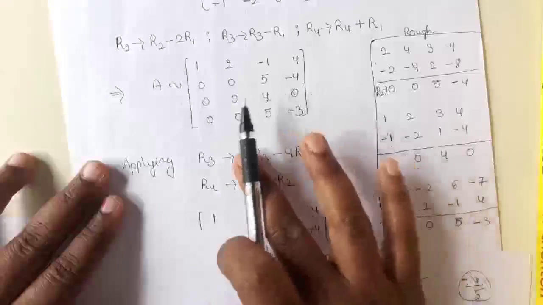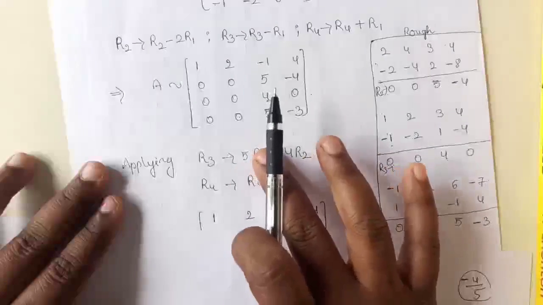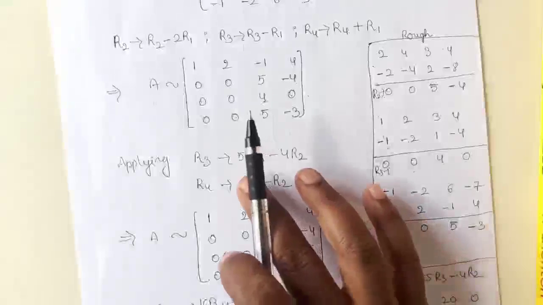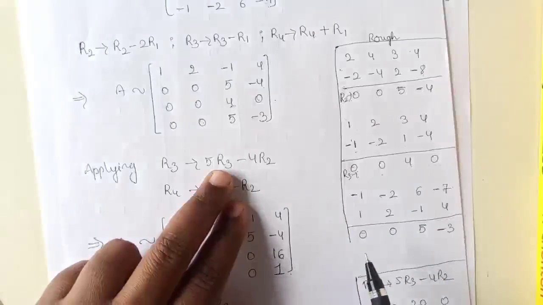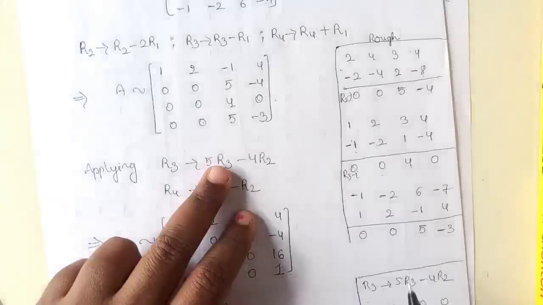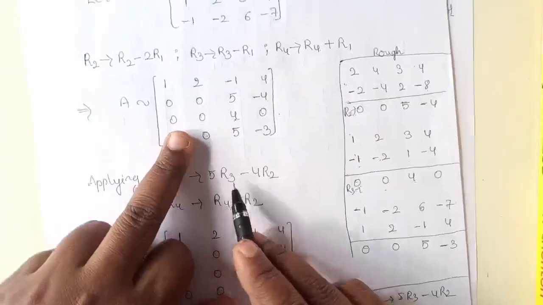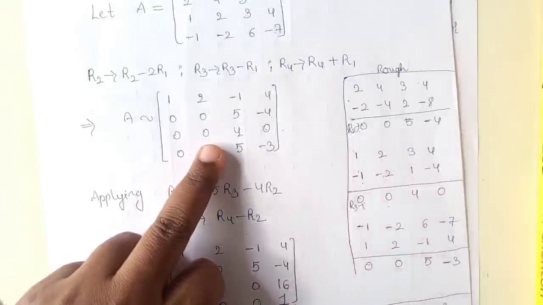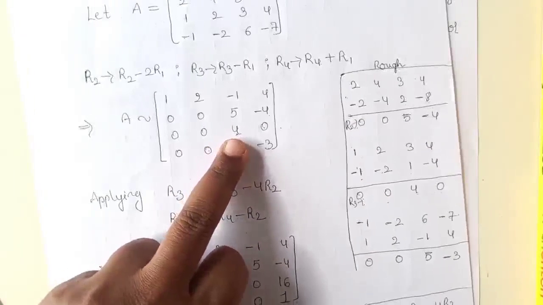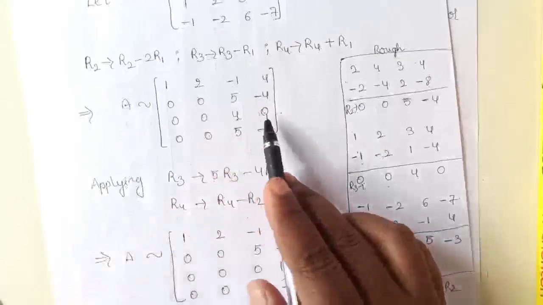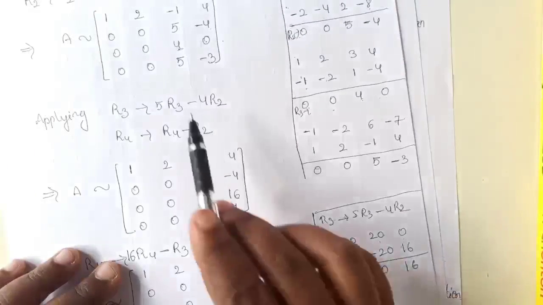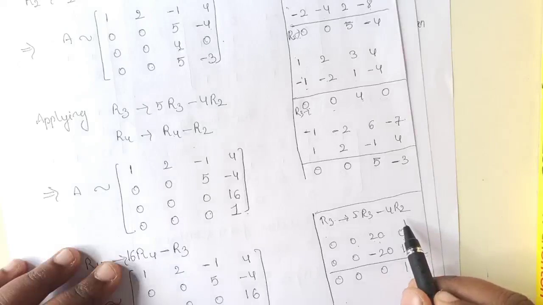Next we do the rough work for this operation. First write all the entries of 5 into R3. Multiplying R3 with 5: 0 into 5 is 0, 4 into 5 equals 20, next 0 into 5 equals 0.